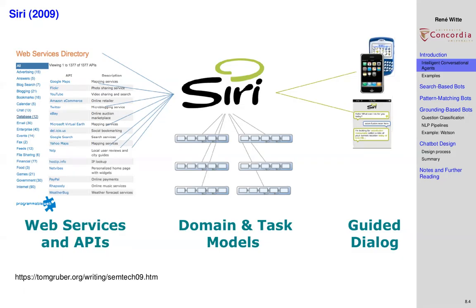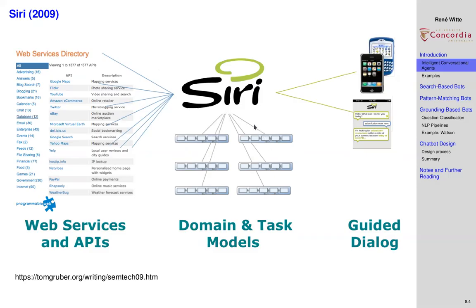It popularized the idea of having task-specific models and services. So now it can actually do something for you. It can set an alarm, it can read an email out loud, or it can write a message for you. Basically it has an extendable list of plugins that connect with other applications.